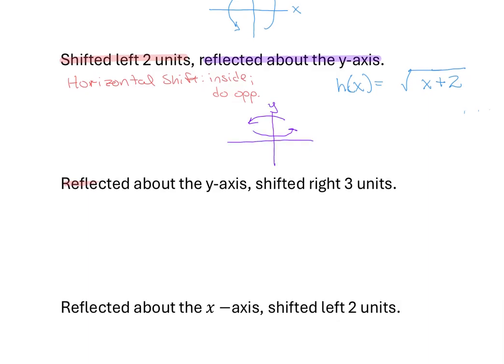And so this is going to be a horizontal reflect. And again, it's going to be inside. And so remember, for horizontal reflection, we just put a negative, and so what we get is h of x equals the square root of negative x plus 2.